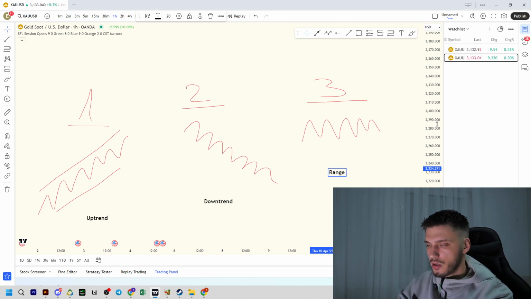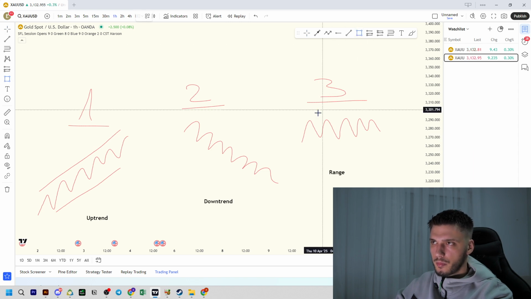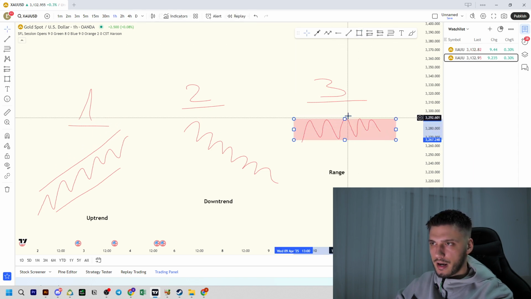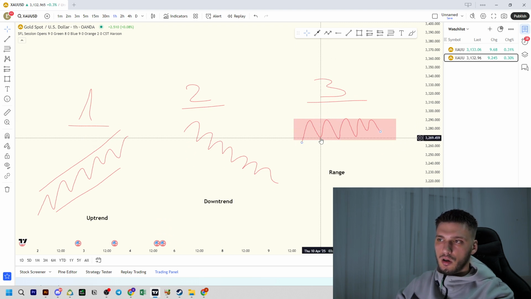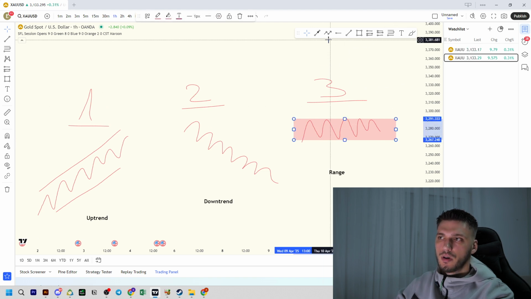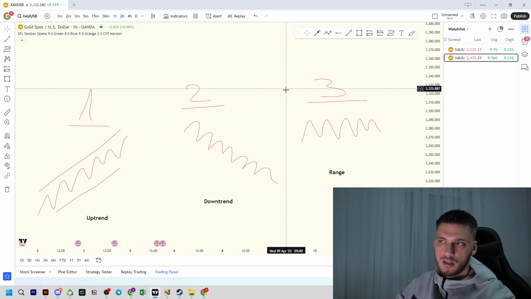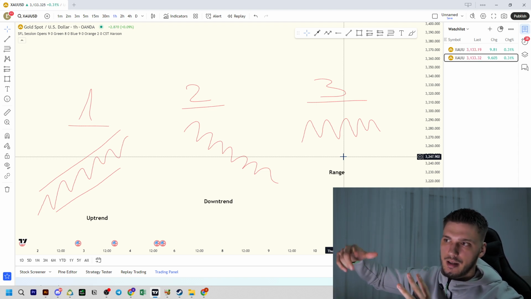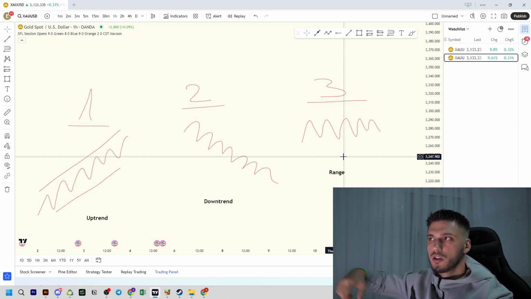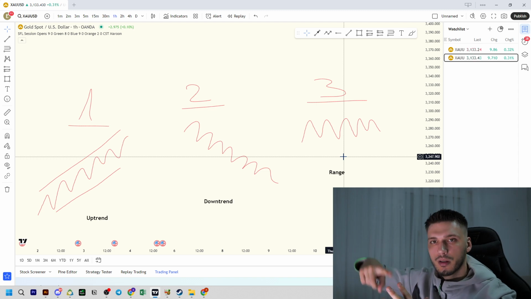I usually call this a range because price couldn't actually go below this range. So it just went up and down inside this range. That's how it's called. For example, the market is ranging now. If you hear something like that, you know that the market is stagnant, like it's not moving much, it's not going up or down, it's just going in the same place.